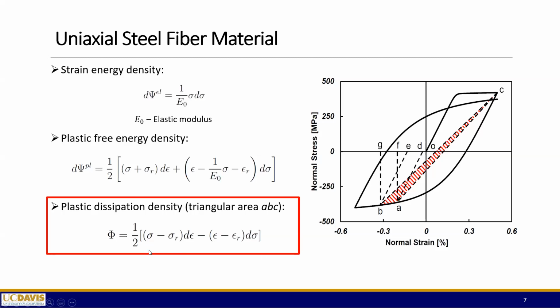Note that all the parameters, sigma, epsilon, and sigma r, the reversal point, will be recorded as the material evolves, so you don't need to do any extra extrapolation or calculation. You can just directly use this equation for the plastic energy dissipation density.